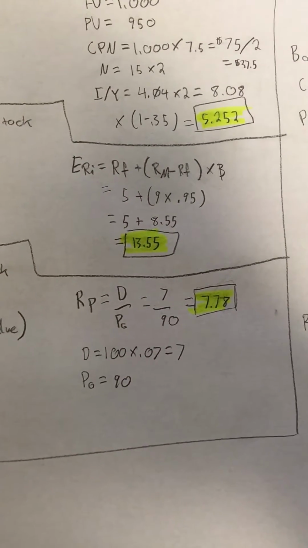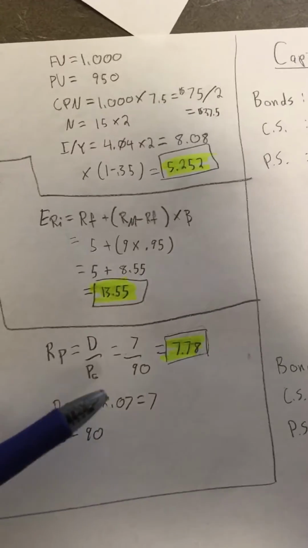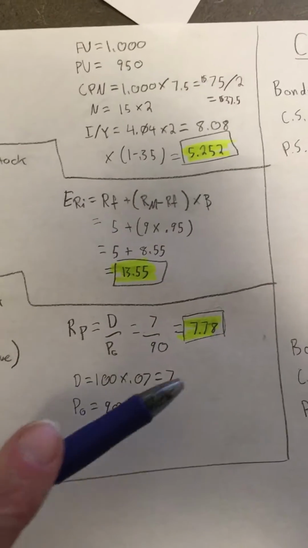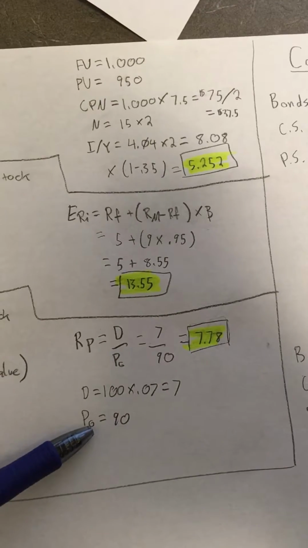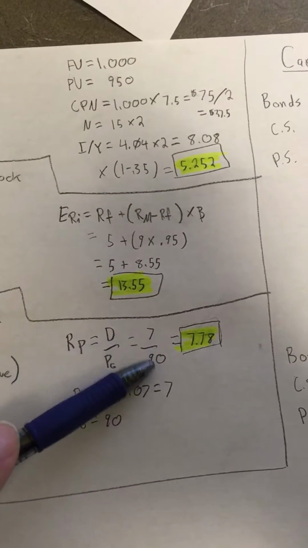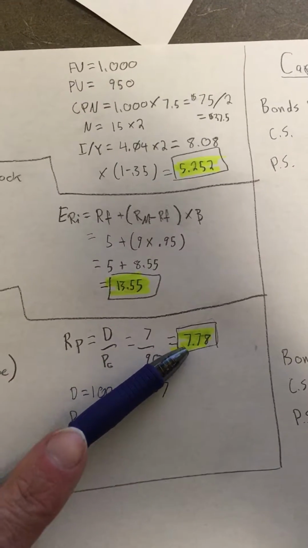To get the dividend amount, you take the percentage, which is 7%, and multiply it by the par value of 100. So the dividend is $7. And you have the market value of $90. So you divide 7 by 90 to get the cost of preferred stock of 7.78.